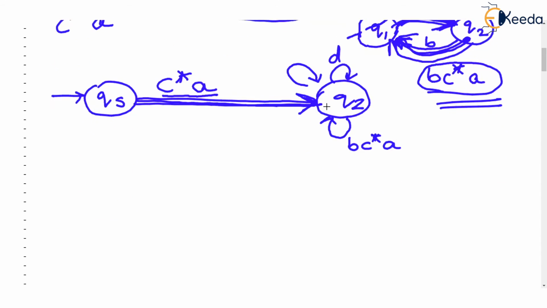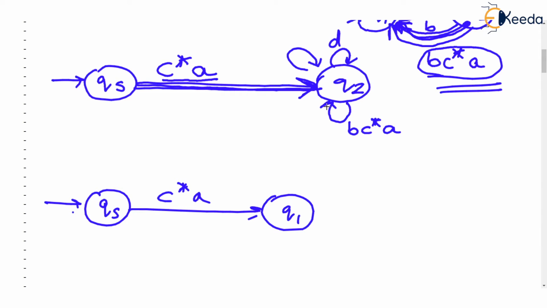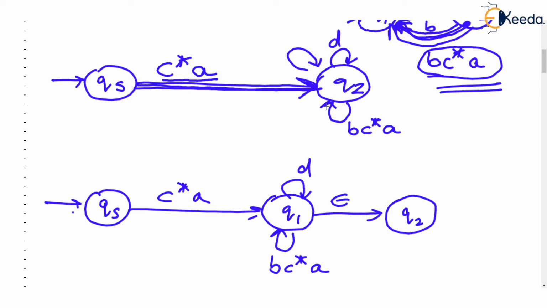So what is the FA? I will redraw the FA that we have got after eliminating Q1. We got C star A on the path from QS to Q2. There is a loop on D and there is a loop on B C star A. Now there is still a state with epsilon, and Q3 is the final state.